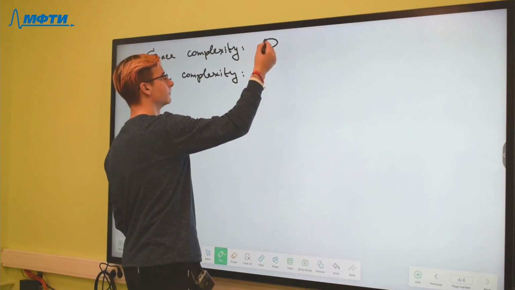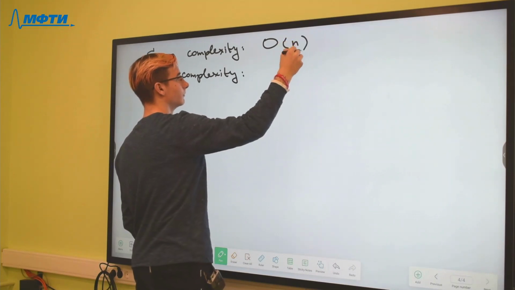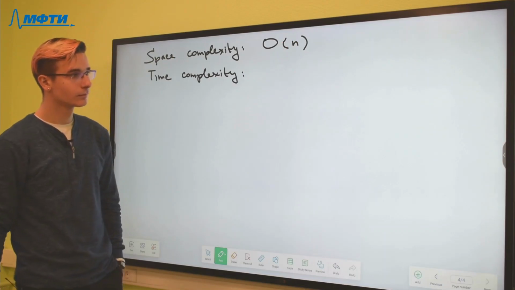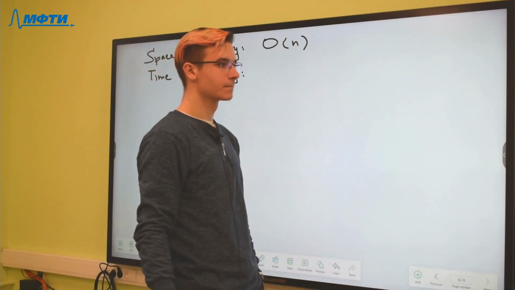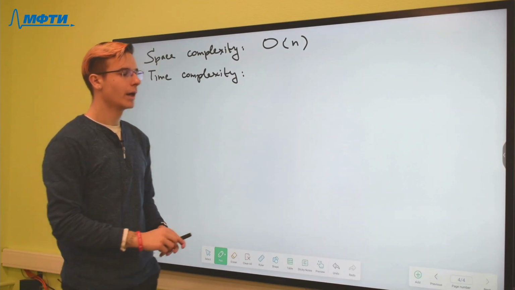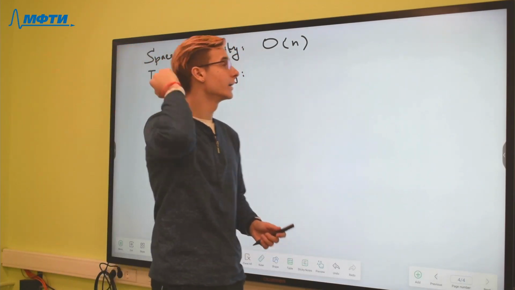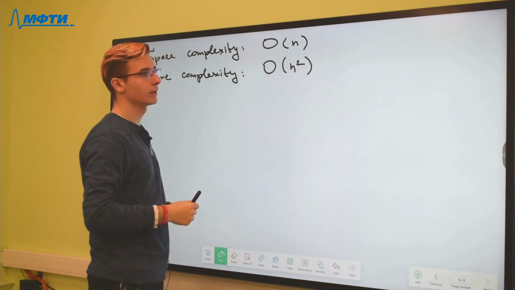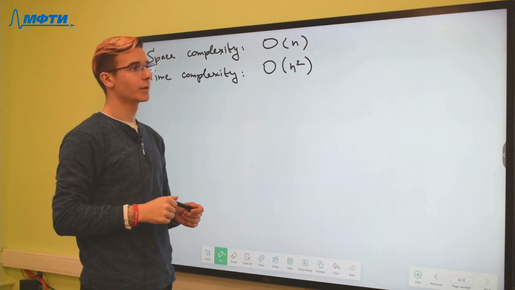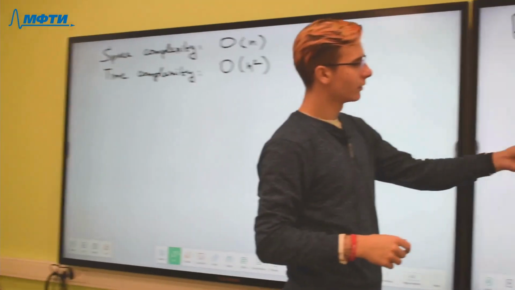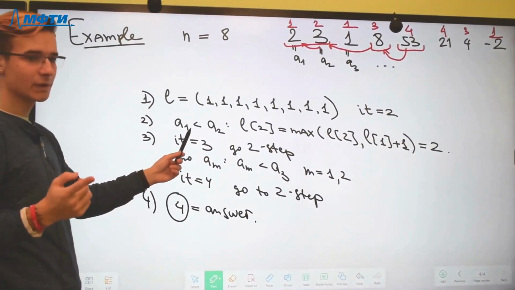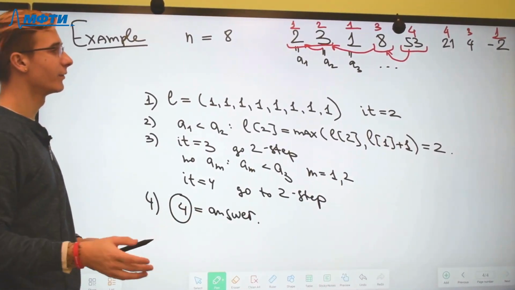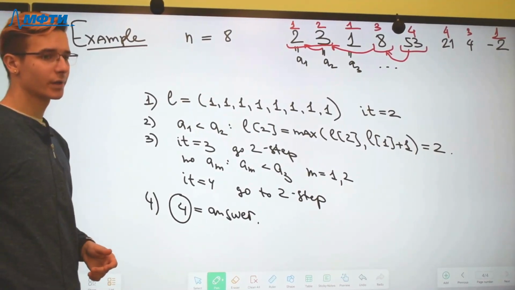Space is linear. Time is n square, because for the second number we repeat the comparison one time, for the third two times, etc., and we get the sum 1, 2, 3, etc., up to n minus 1.